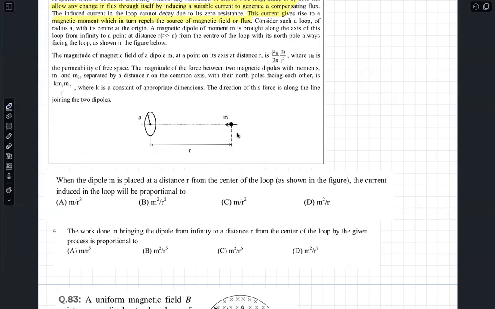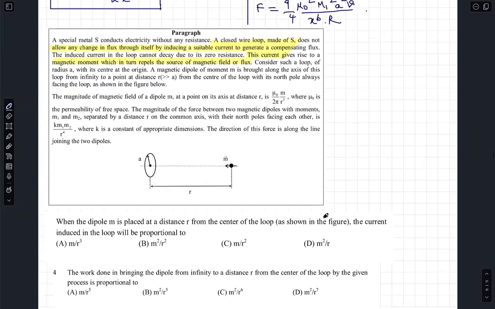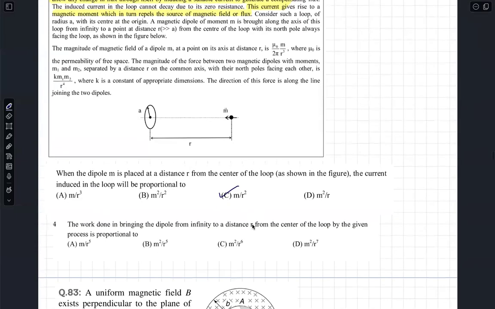Now here we have already this question. You have already this, M by x square, magnetic moment by x square. So any such option you have, magnetic moment by x square. Yes, you have the option. The work done in bringing the dipole from infinity to distance r is like potential energy.